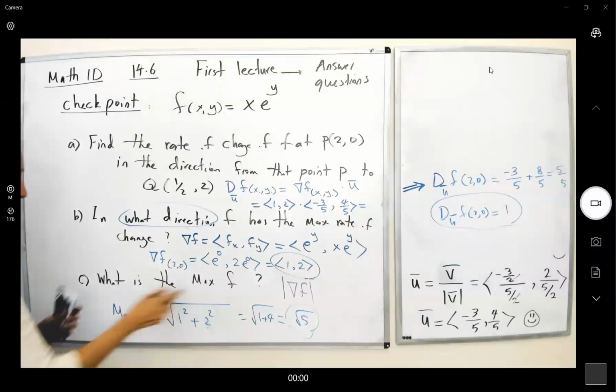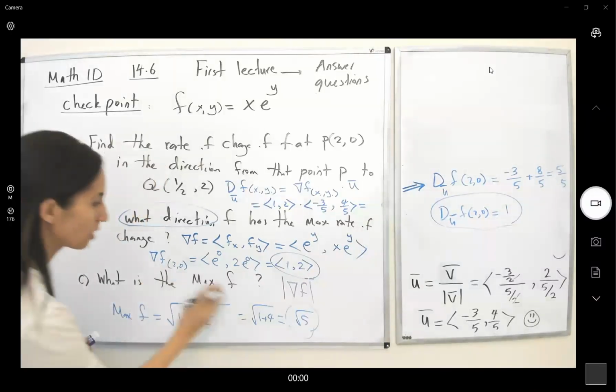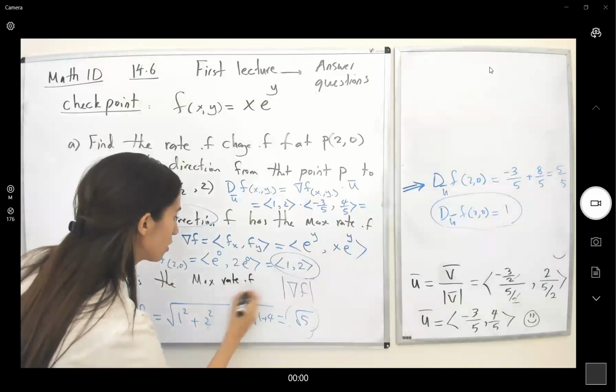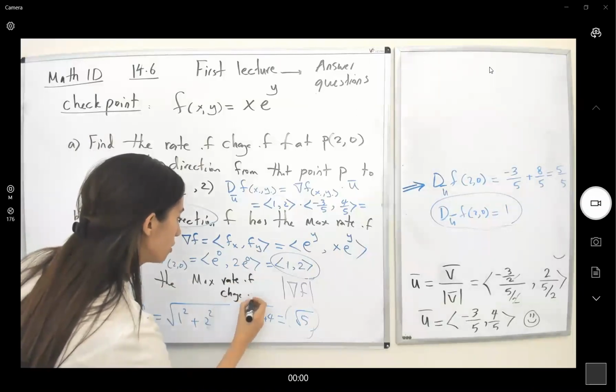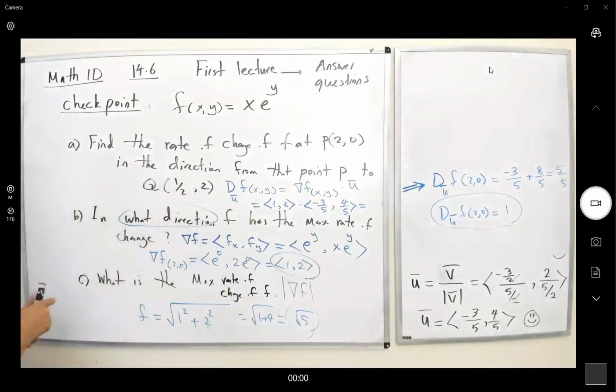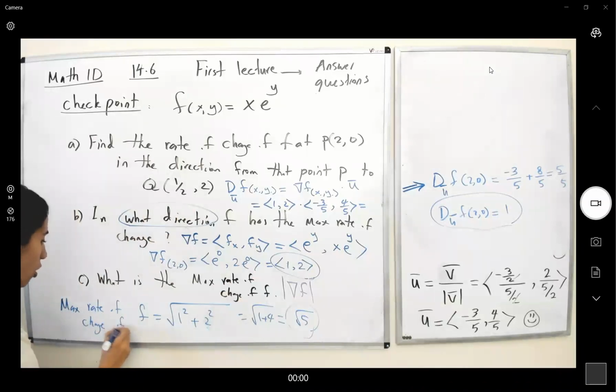Guys, this is the maximum rate of change of f, the rate of change of your function. So let me just fix that. Maximum rate of change of function f is square root of 5.